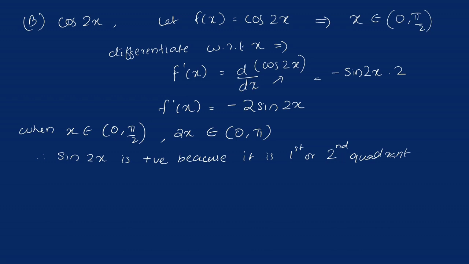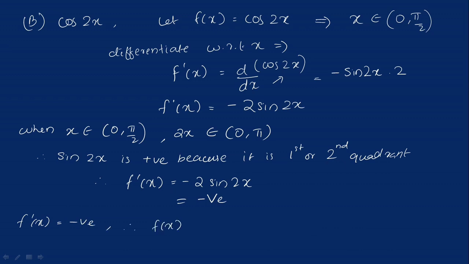So sin 2x is positive, but f dash of x is minus 2 sin 2x, so it is again negative. So if f dash of x is negative, f of x equal to cos 2x is a strictly decreasing function in the interval 0 to pi by 2.